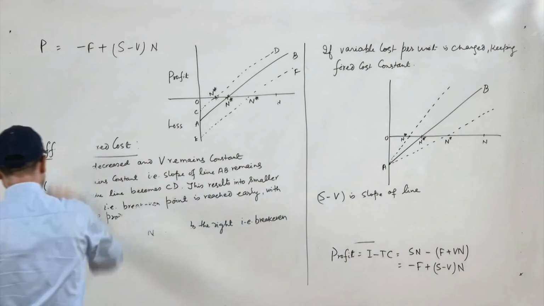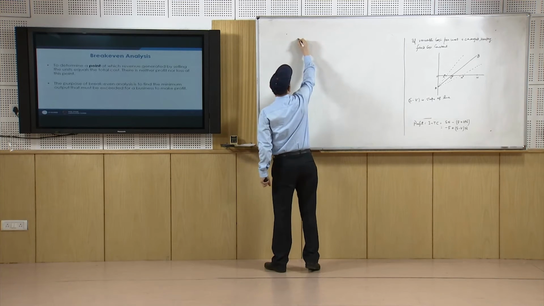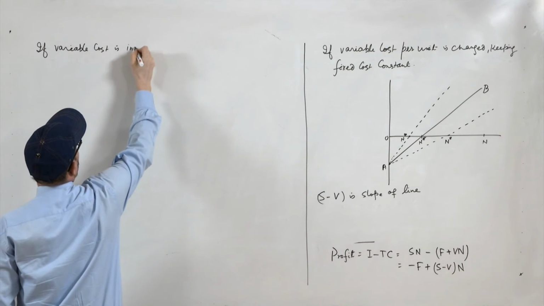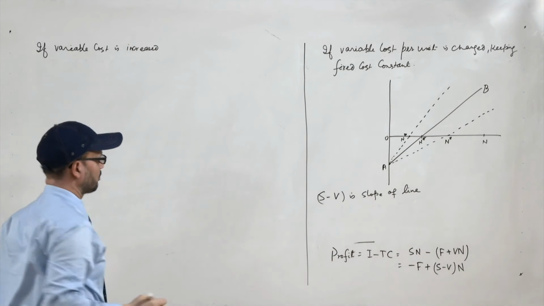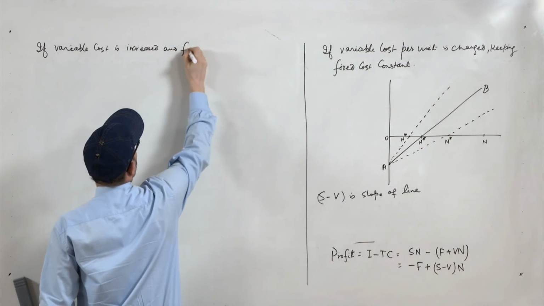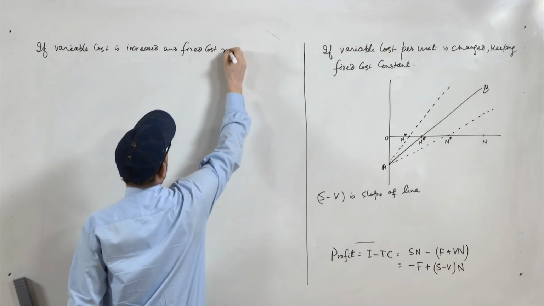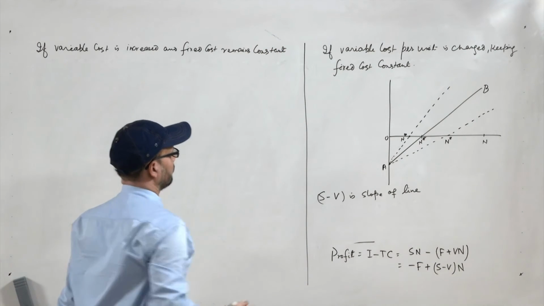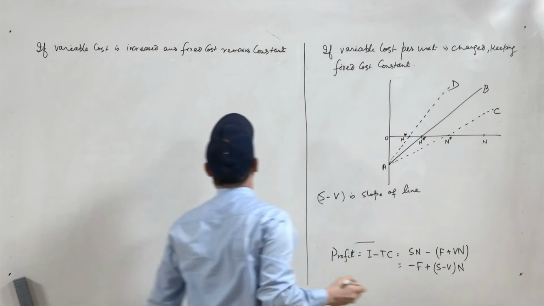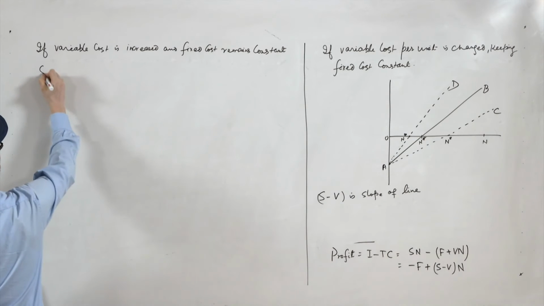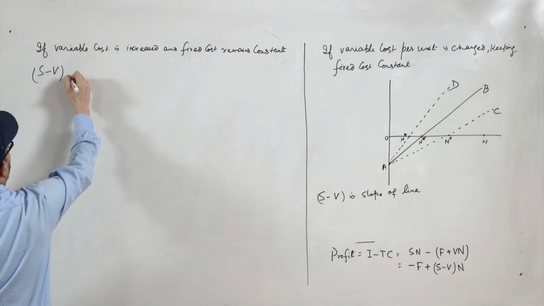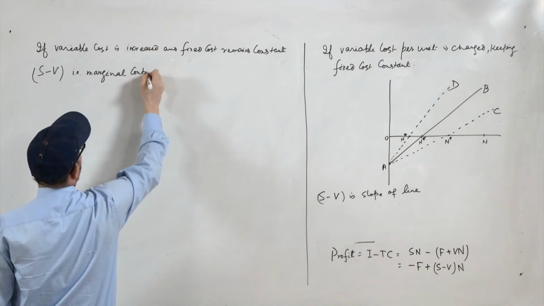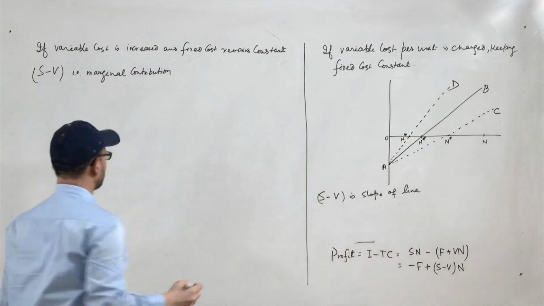So, we can write these things. If variable cost is increased and fixed cost remains constant, S minus V, that is marginal contribution, decreases.